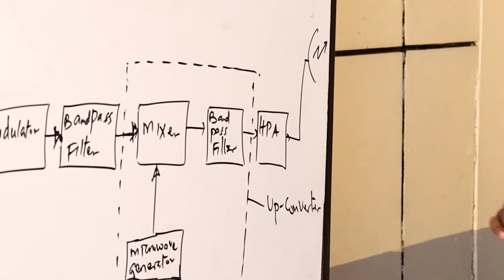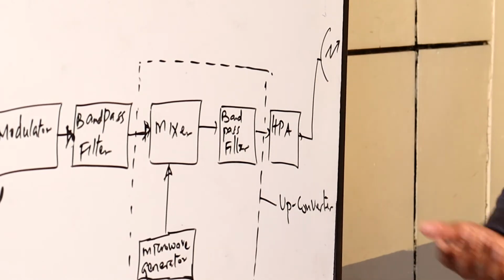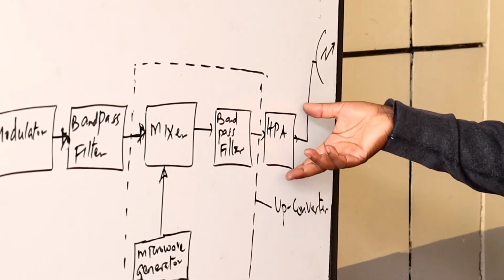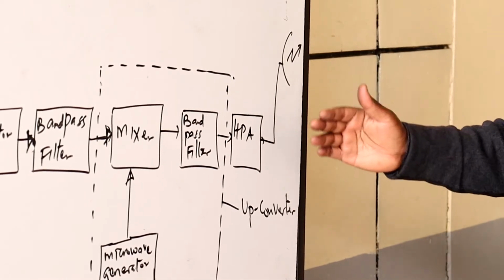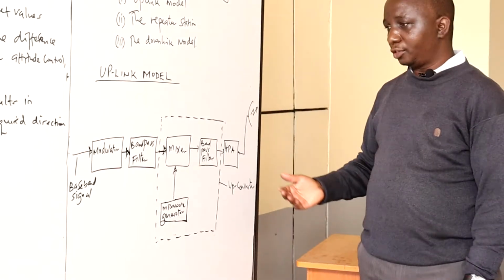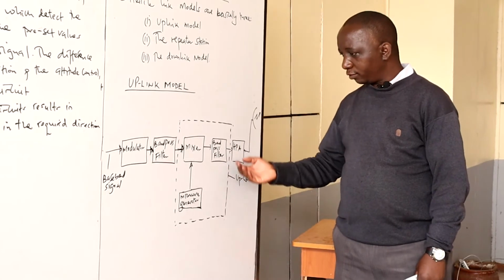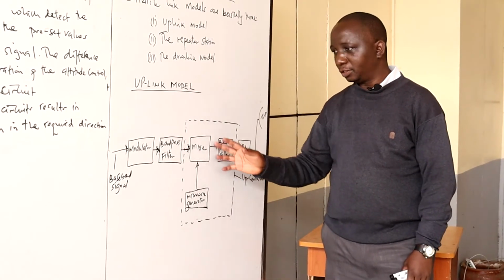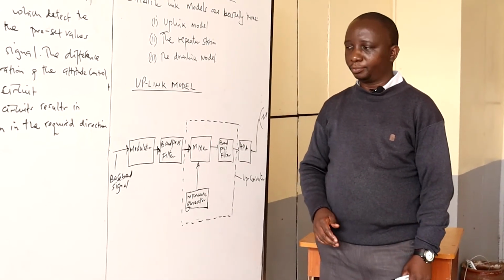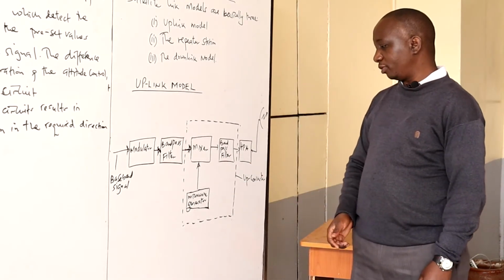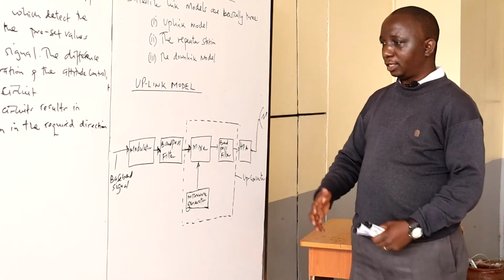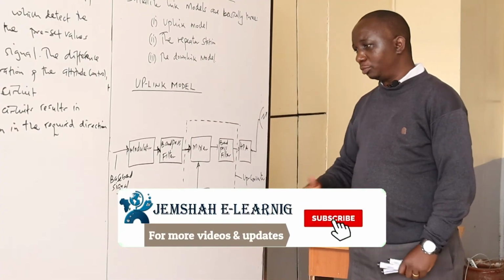And because satellites cover a very large distance, we use the high power amplifiers to attain the maximum power required so that the signal can be transmitted to the distant end. This is the HPA, an uplink model. There are several models, but this is the basic, most simplified one. And basically, it happens at the earth station transmitting point.